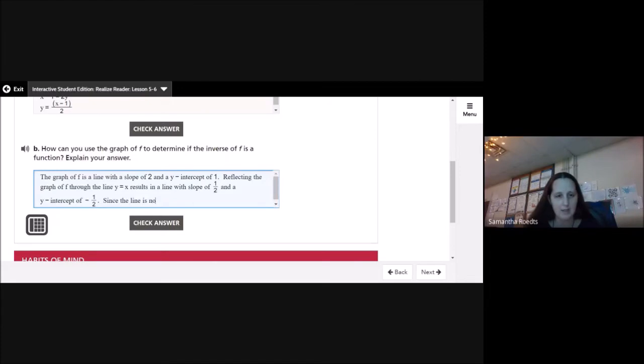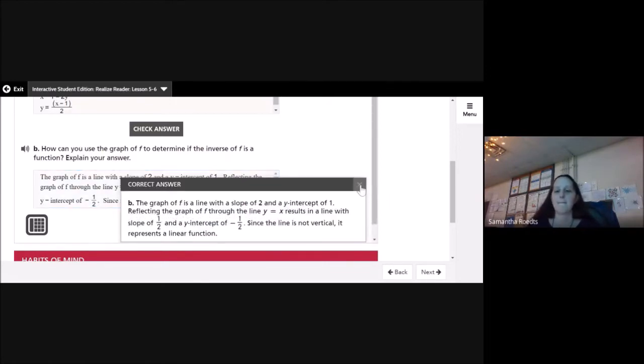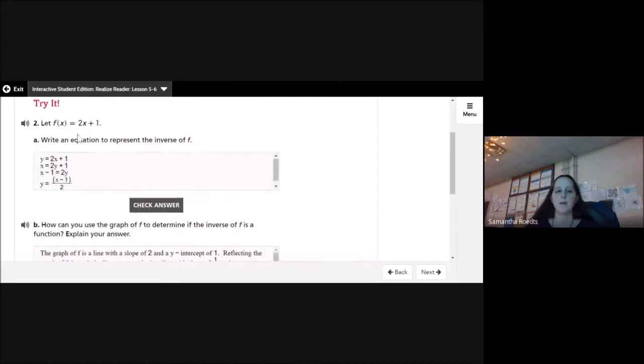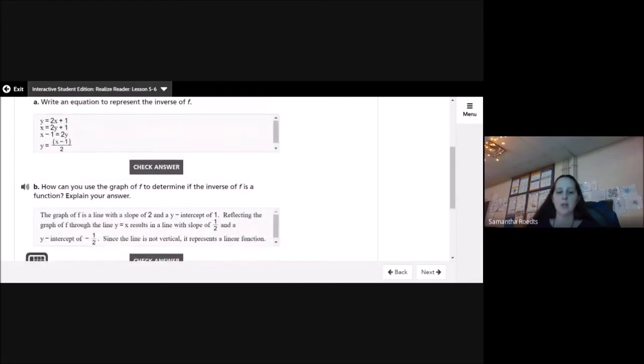Since the line is not vertical, it does represent a linear function. Okay. So originally my slope was 2, then my slope became 1/2 with a y-intercept of negative 1/2. That's where I got all that information from. Okay.